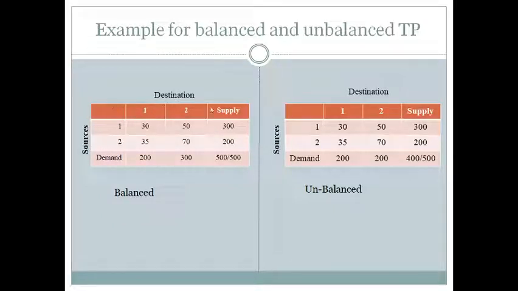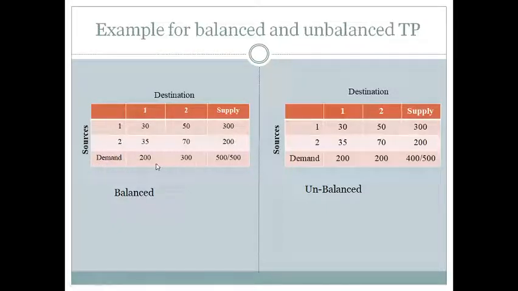Destinations are 1 and 2 here, and each number represents the cost per unit of product from source 1 to destination 1. The similar thing applies here. The cost matrix is 30, 50, 35, 70, and the supply is given as a column and the demand as a row.